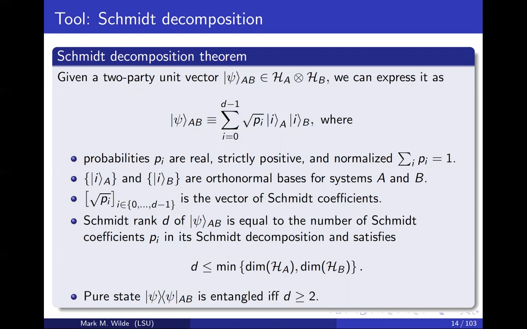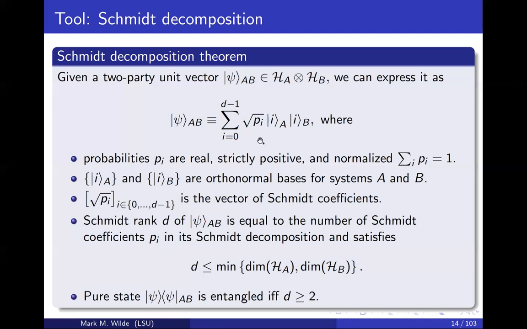And then the final thing we talked about was this Schmidt decomposition theorem, how that's an important theorem in quantum information. I forgot to say this point at the end, which is really important, that this gives you a way to decide whether a state is entangled.